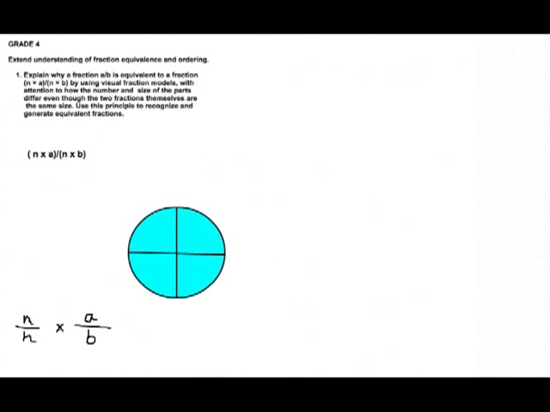Okay, let's go ahead and take another situation and continue to make some sense out of this. Let's go with a circular model this time. And let's suppose that our fraction is 3 over 4. And this time, let's let our n over n be 2 over 2.